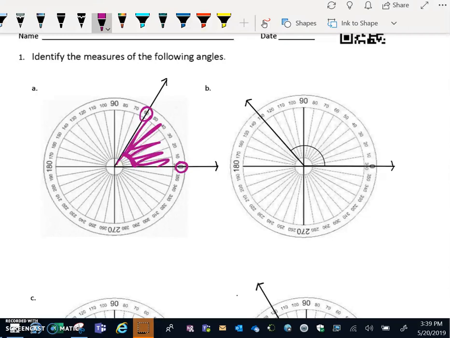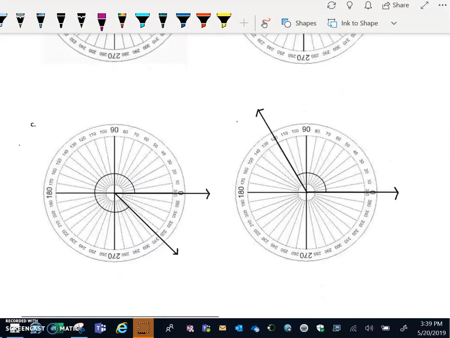It looks like this measurement is 60 degrees. That's where the other ray passes. On part B, the ray is passing through 0. We're going to follow the arc over to 130 degrees. Now we're going to see the ray passing through 0. We have to follow the arc all the way around until it gets where?